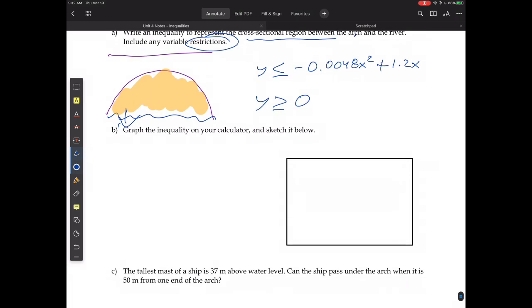When I'm graphing it into my calculator, I'm going to graph the equation y equals negative 0.0048x squared plus 1.2x. I'm going to have to change my window settings. So the window settings that I'm using for this are negative 50 to 300 for x, because we know that it's going to stretch 250.